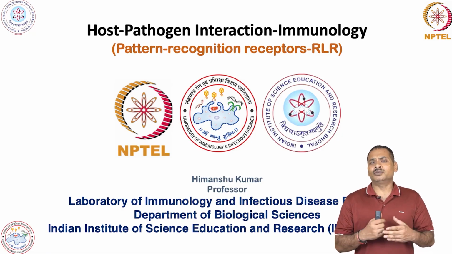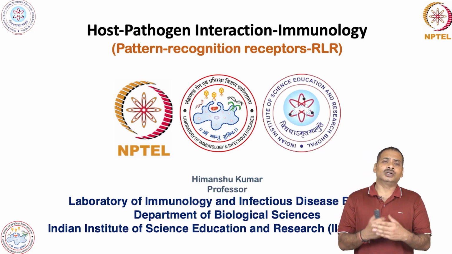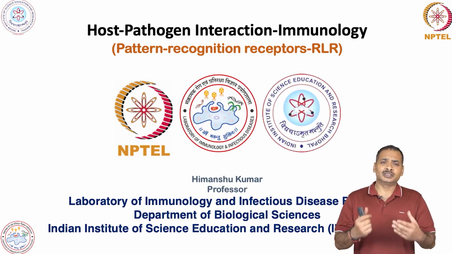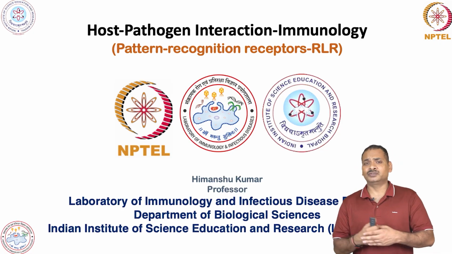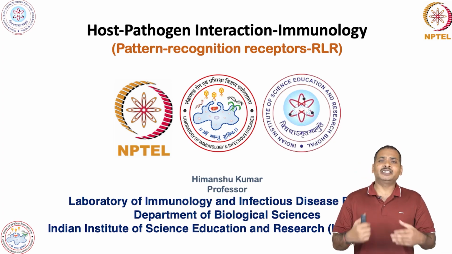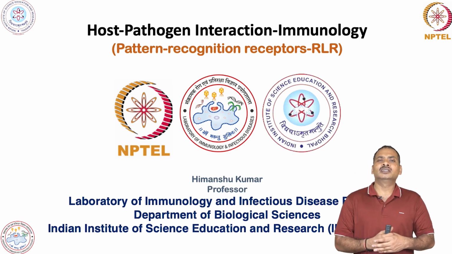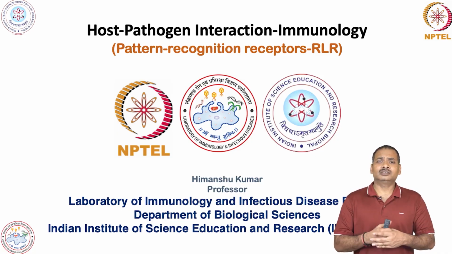So, there was a need to understand how these species of RNA are sensed, and how appropriate innate immunity develops. So, when I say innate immunity and virus infection, then one obvious response is type 1 interferon production, okay.